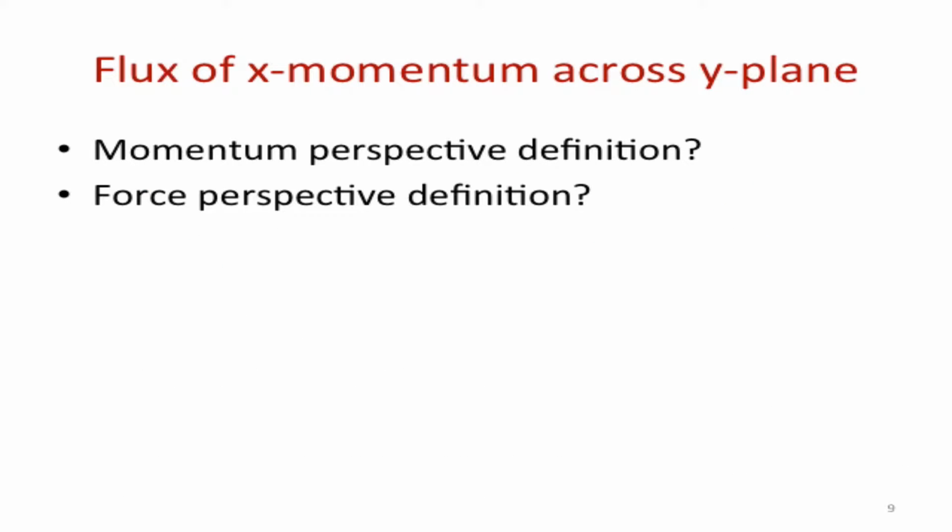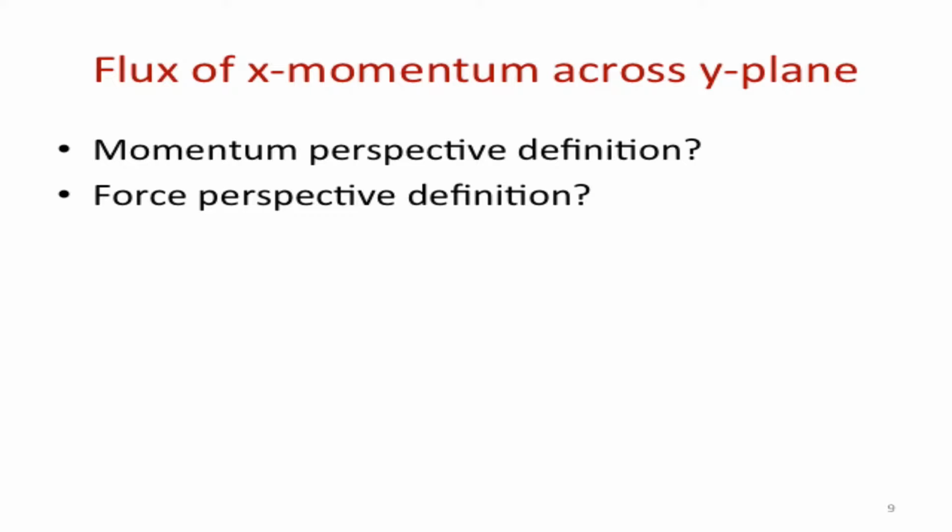So just before we actually start computing, we need to compute the flux of x momentum across the y plane. Now I actually defined it in 3 different ways last time, but 2 of them are the ones that I'm going to discuss here. So what is our momentum perspective definition of this x momentum flux?